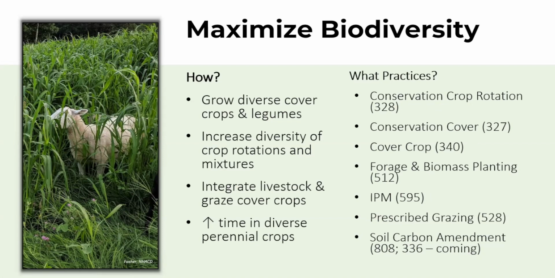It was on the Federal Register, but it's taking them some time to actually finalize and make that formal. But soil carbon amendment is the practice standard that will allow NRCS to provide financial assistance and technical assistance for applying compost, biochar, mixtures of compost and biochar, and other carbon amendments that can help improve soil health.